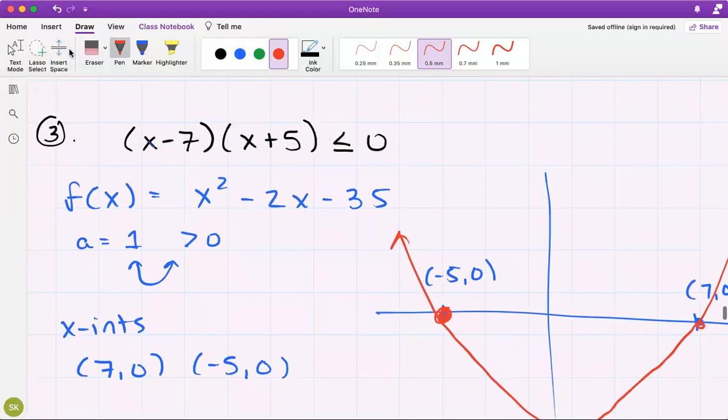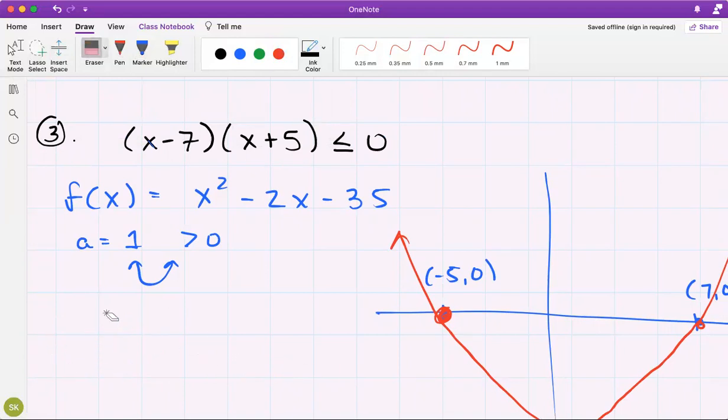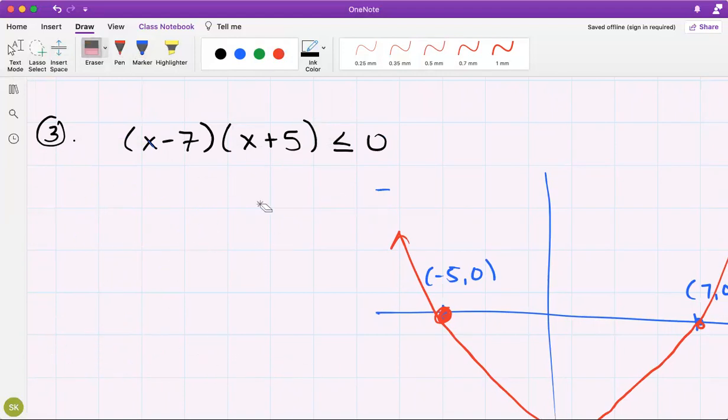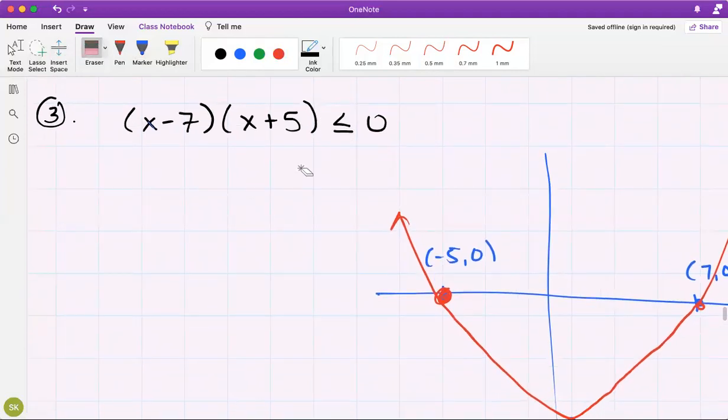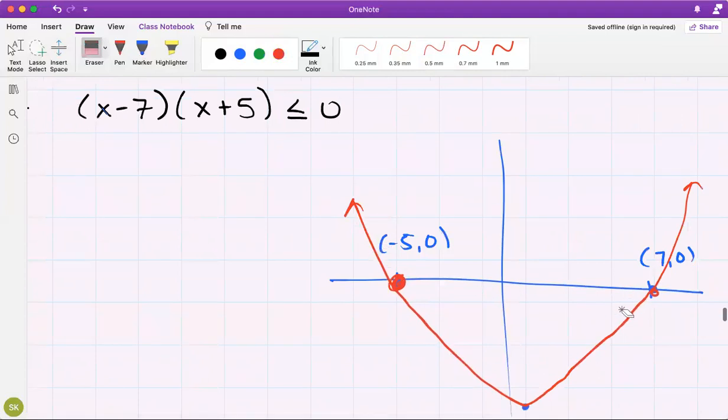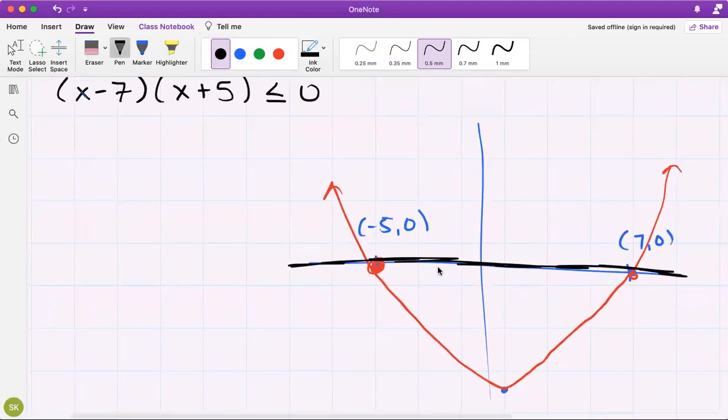Okay, now we can focus on the inequality. I want to know what x values, when you plug them into the function, give values that are less than or equal to 0. So if this black line is 0, notice that I'm going to be below or sitting on that black line when I'm between -5 all the way to 7.